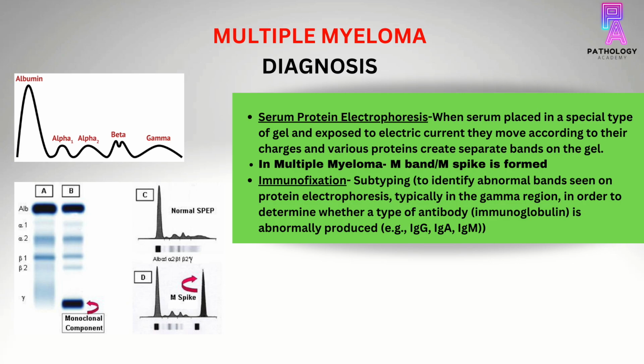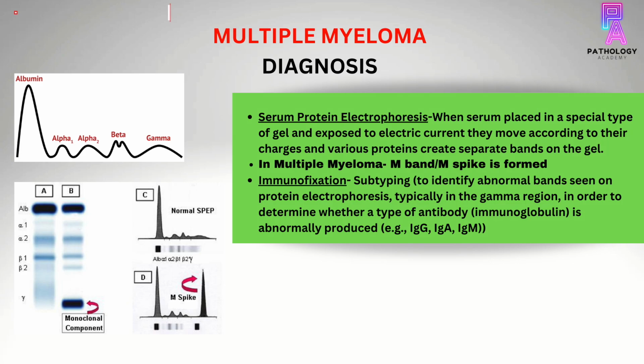For example, in the image shown above, in a typical serum protein electrophoresis, albumin, alpha 1, alpha 2, beta, and gamma show a graph like this, and the band appearance is shown in the A section. In cases of multiple myeloma, because of the increased number of abnormal immunoglobulins, an M spike is seen, which you can see in the image below.